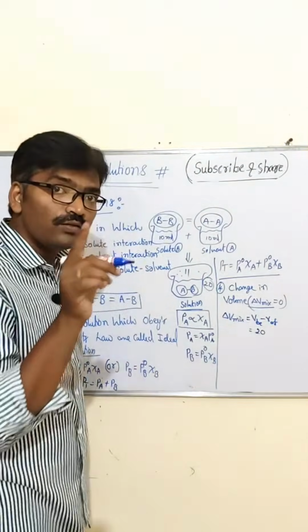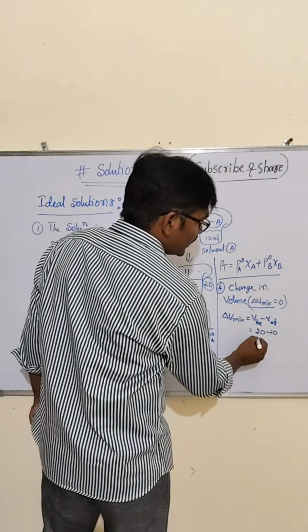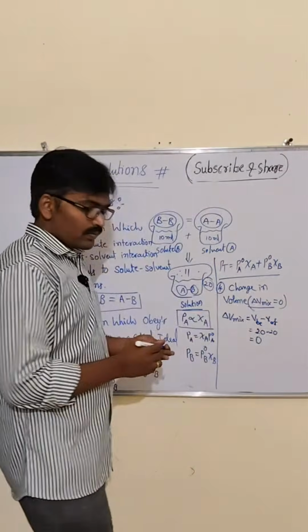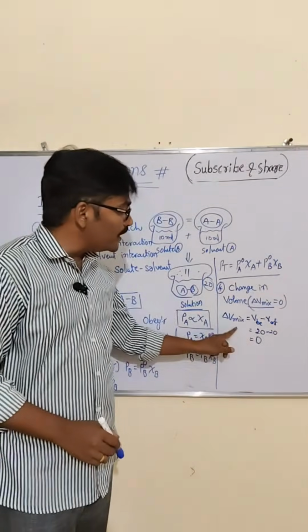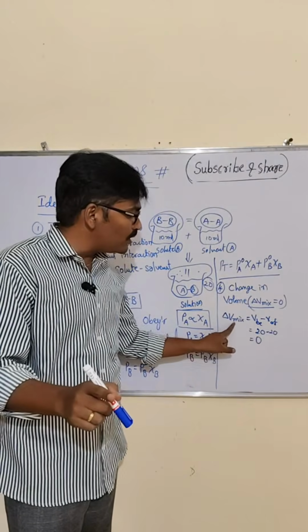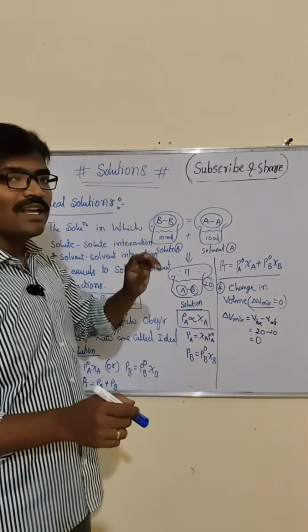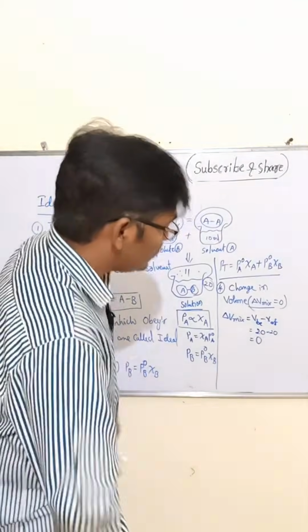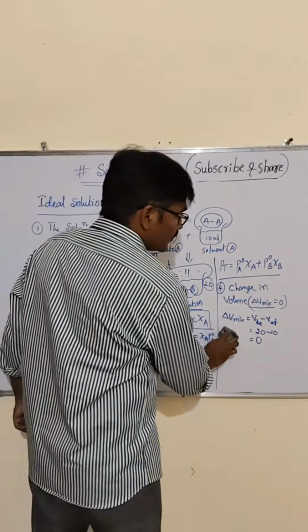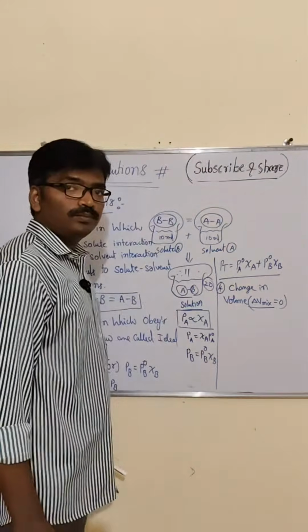After adding, if you also get 20, then 20 minus 20 gives 0. So when the change in volume upon mixing is 0, we call such a solution an ideal solution. This statement you have to remember: delta V mix equals 0.